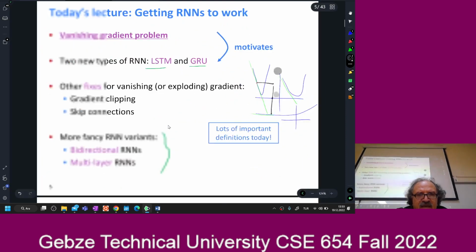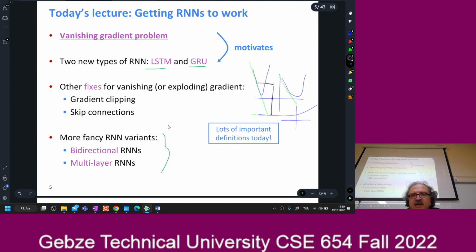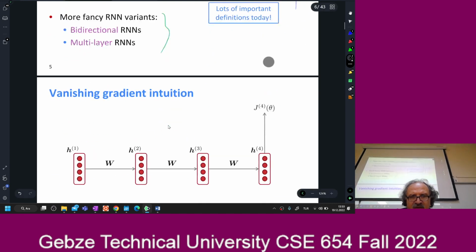That's called the exploding gradients, and it's a similar problem that we should take care of. The solution that I'm going to tell you, the LSTM and GRU, is going to address especially the vanishing gradient problem. For the exploding gradient, we are going to have some other solutions.